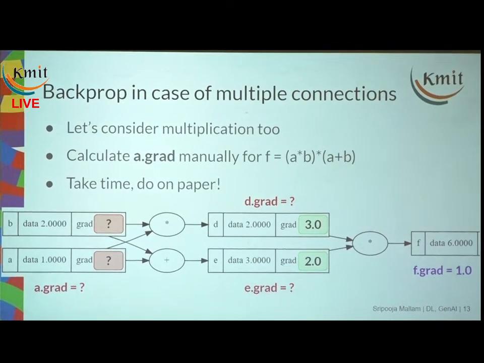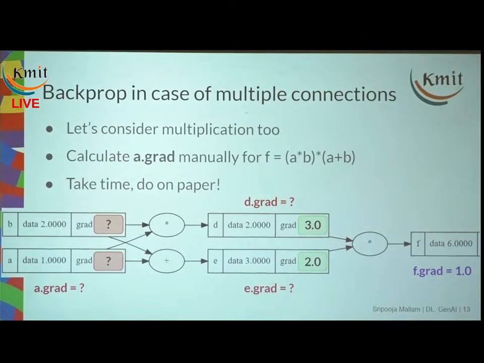Does anyone have any other opinion? Do you think it's wrong? So the reasoning also we discussed. The plus operator gradient flows back as it is, but in case of multiplication what happens is 3 into b dot data, which is 6.